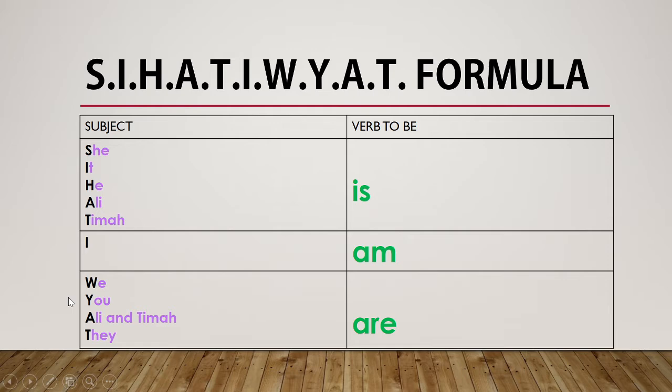So in Sehat here we have she, we have it, we have he, Ali, and Tima. Let's do this quickly. So for she, in Bahasa it is dia, for a girl, for a woman.